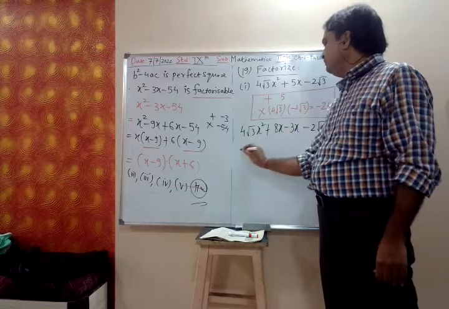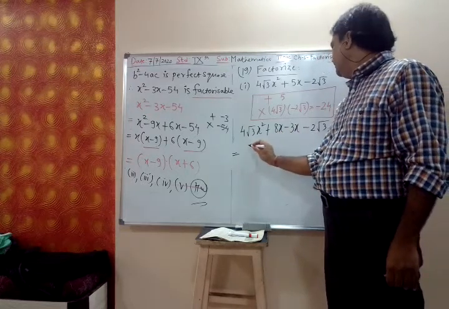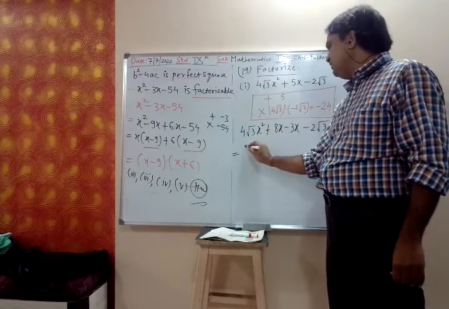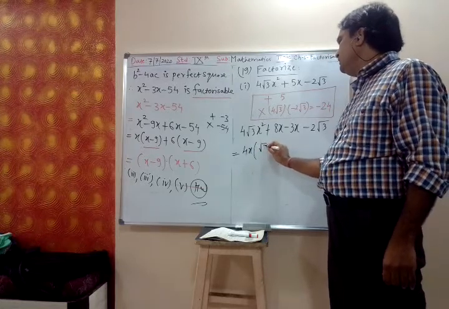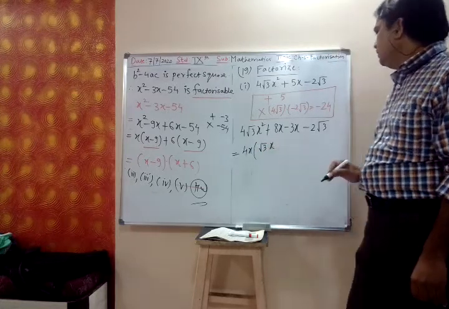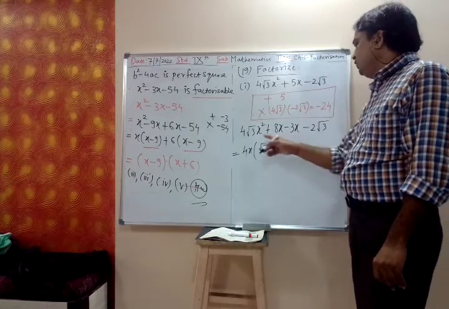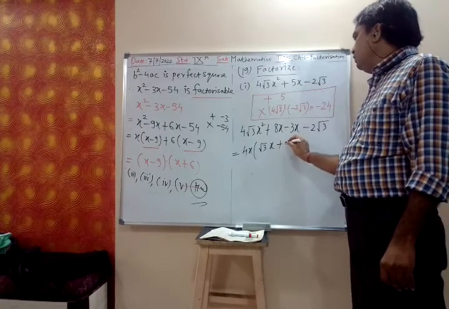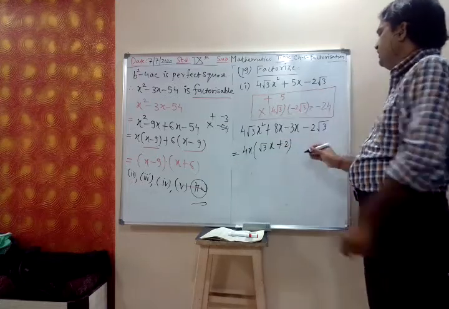Now in first two, what is common? 4x is common, no? Then what is left? Root 3x is left, plus 2. 4x I have taken outside.